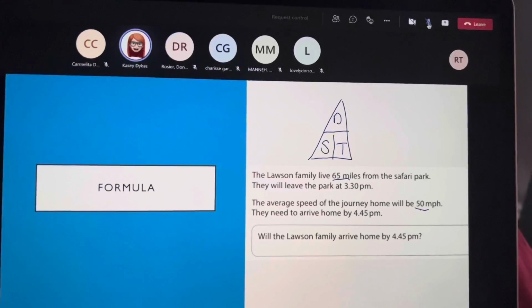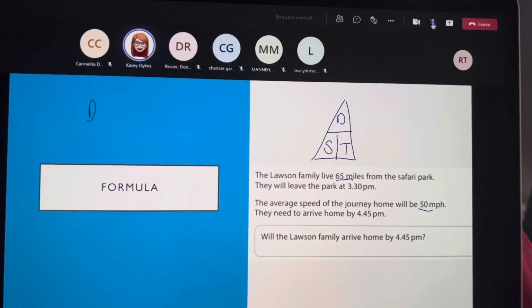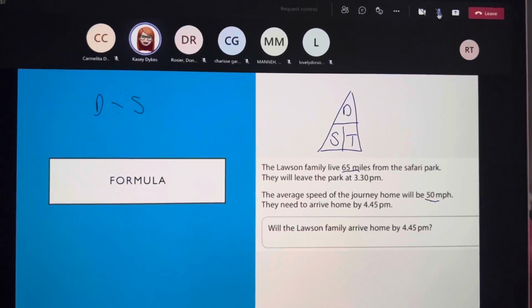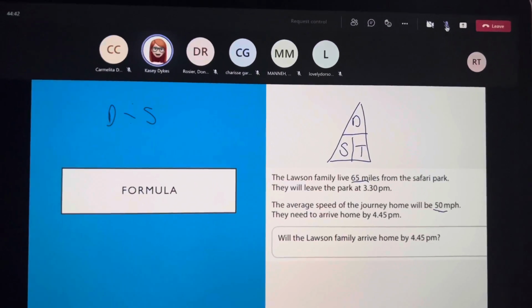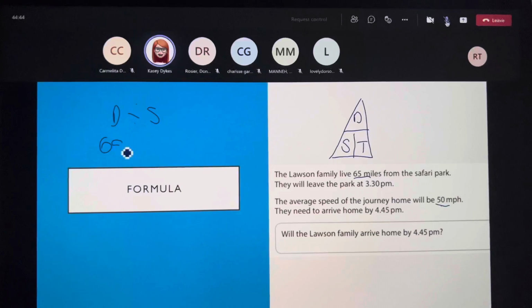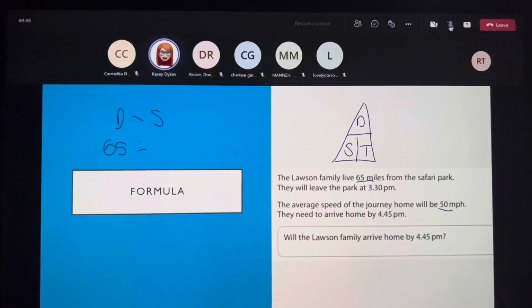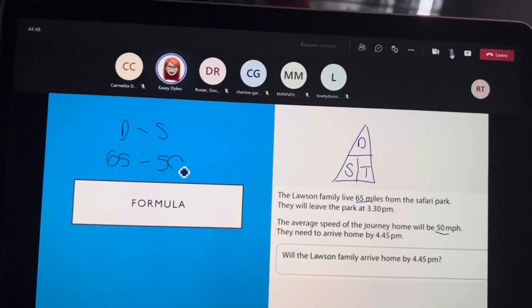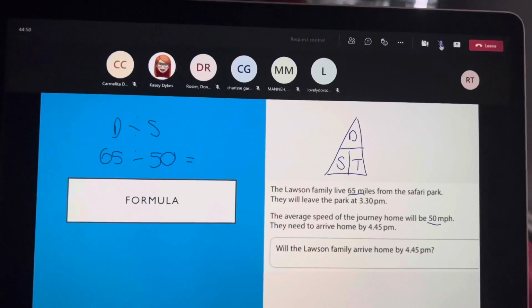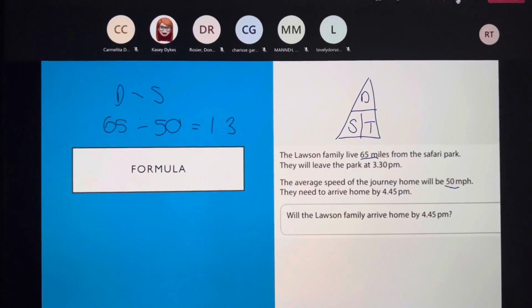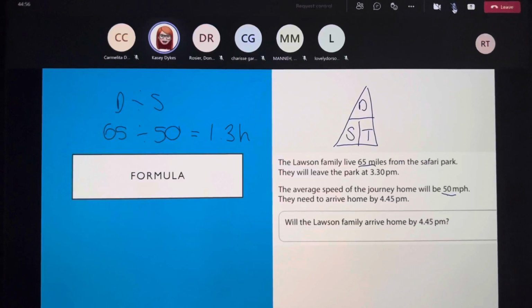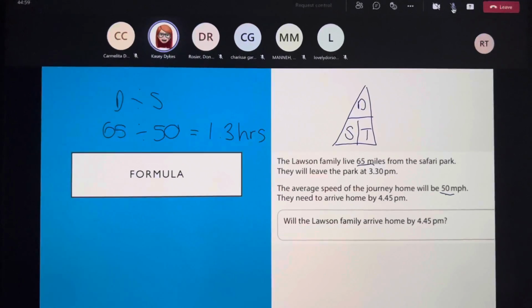So we're doing distance divided by speed, D over S. So to do that, we take our distance of 65 and we divide it by our speed of 50. So we should get 1.3. And that's going to be 1.3 hours because it's 50 miles per hour.